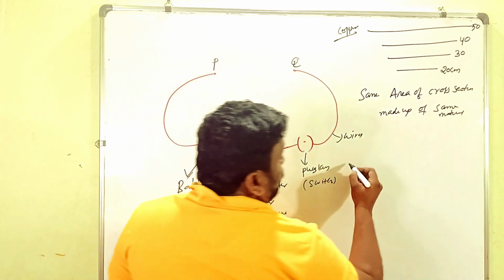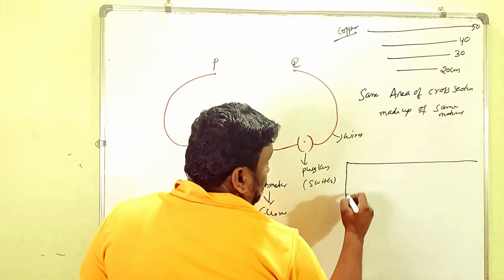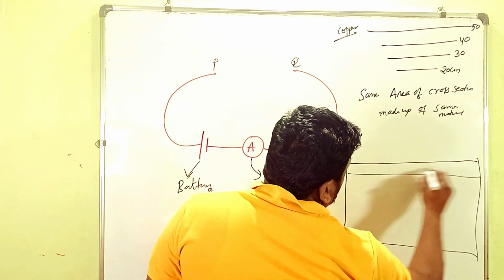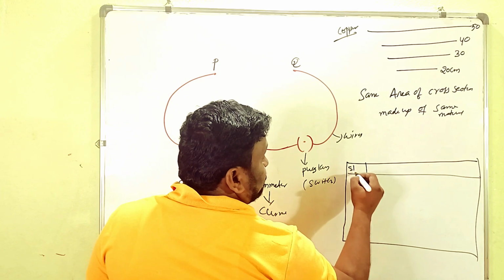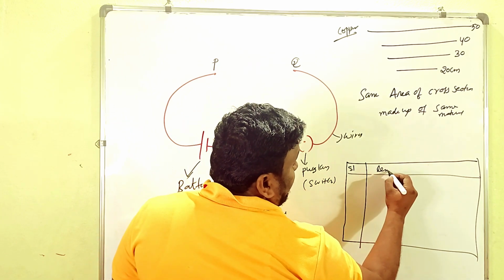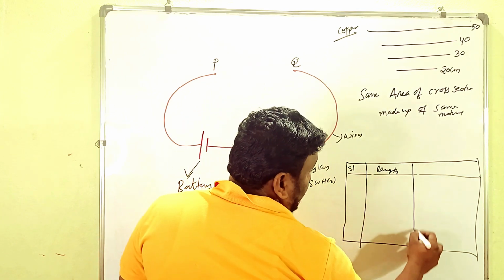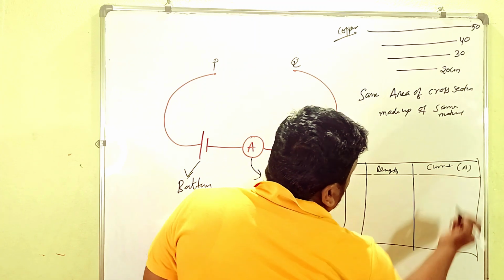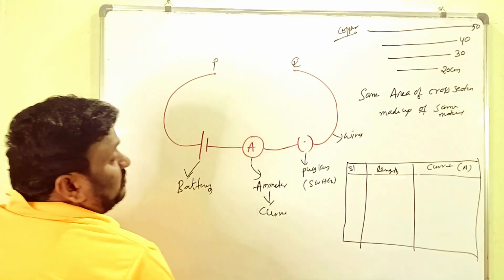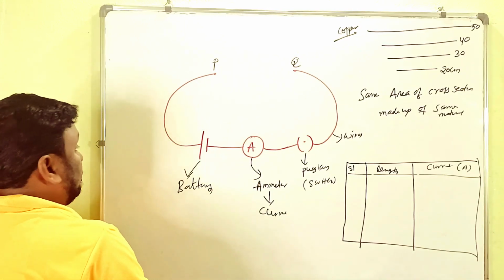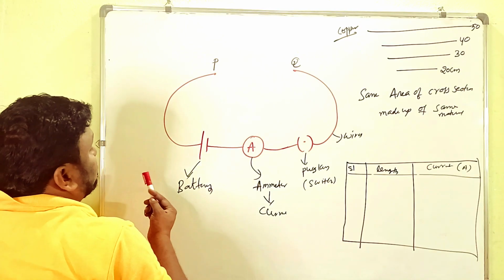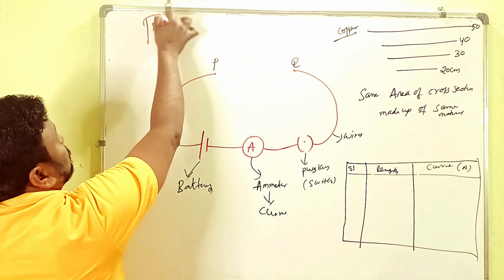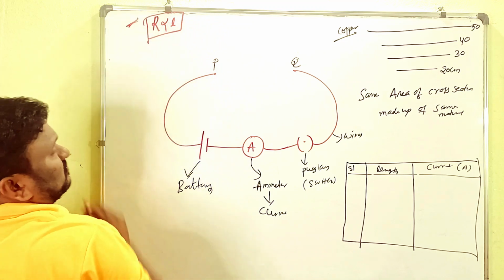Now in our notebook you have to maintain a table with serial number, length of the wire, and current in the ammeter. So we have to prove the relation R is proportional to L. Let us check whether it is right or wrong.